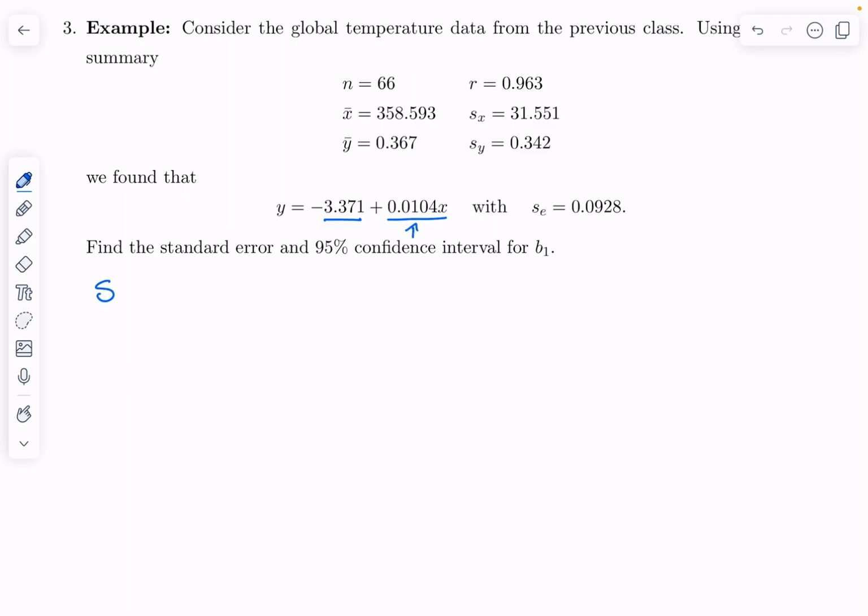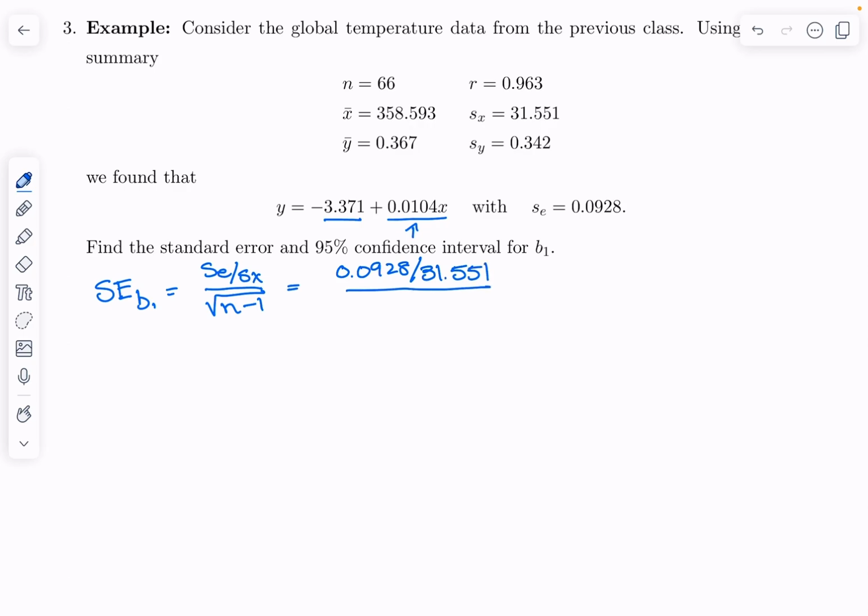So the standard error for b1, my slope, is going to be the residual standard deviation over the standard deviation of my x's divided by the square root of n minus 1. And so it's going to be the residual standard deviation of 0.0928 divided by my standard deviation of x's, which is 31.551.